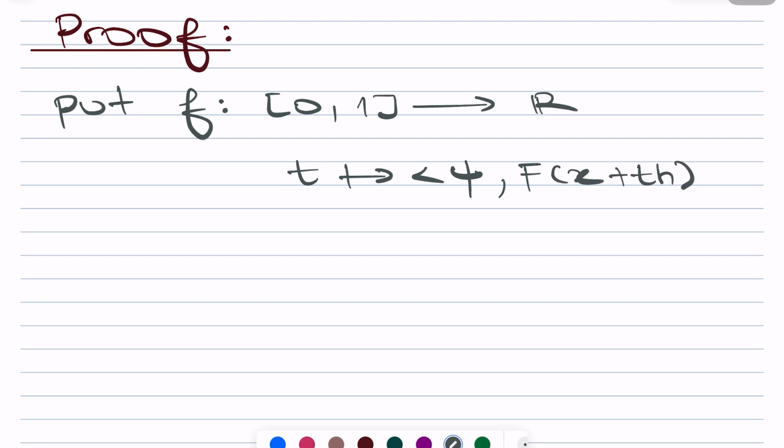This is the duality pairing in Y star, Y, the dual space of Y. I said W, but it is actually Y, sorry. So the function maps t to the duality pairing between psi and f of x plus th. Because this is a linear bounded operator and this is an element of Y, this is well defined.